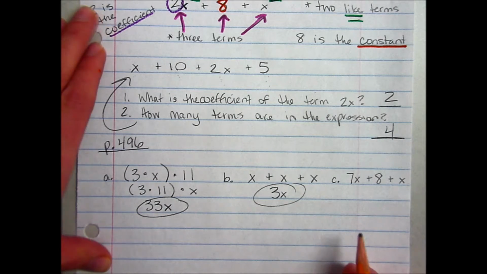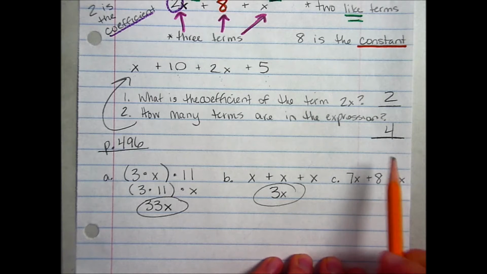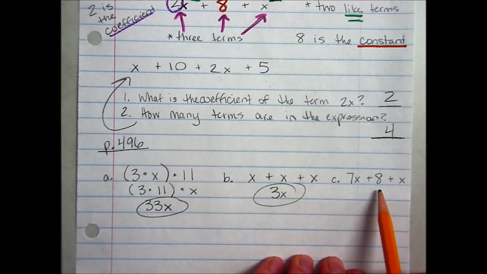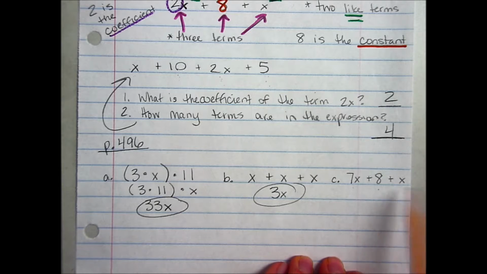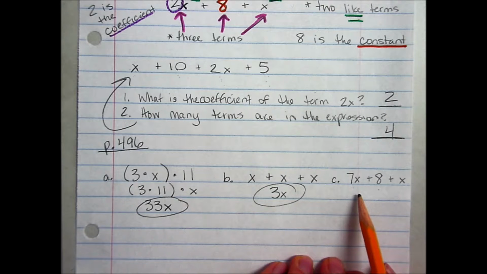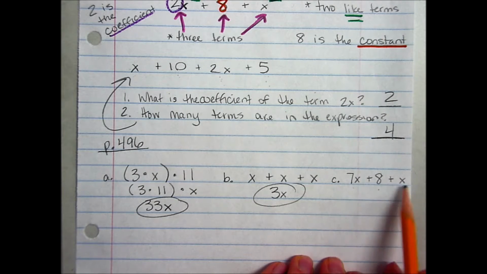Alright, now this one's a little bit different because we have a constant here and then we have two like terms. So the constant will stand alone, but we can combine our like terms. So how many x's total will we have?